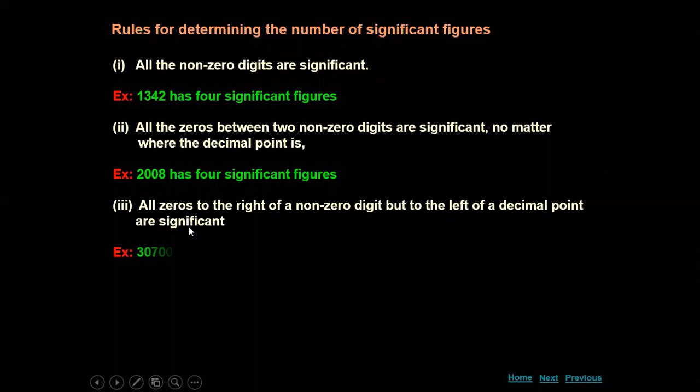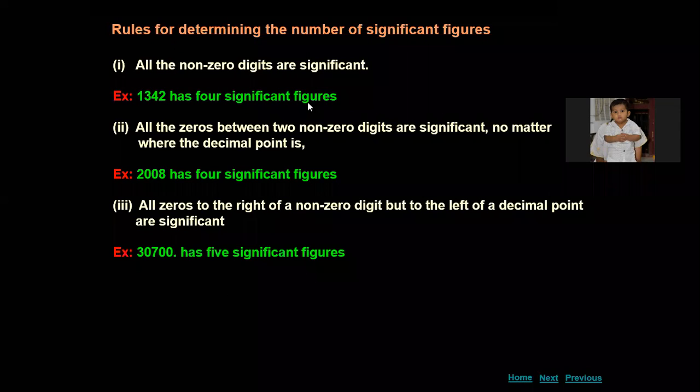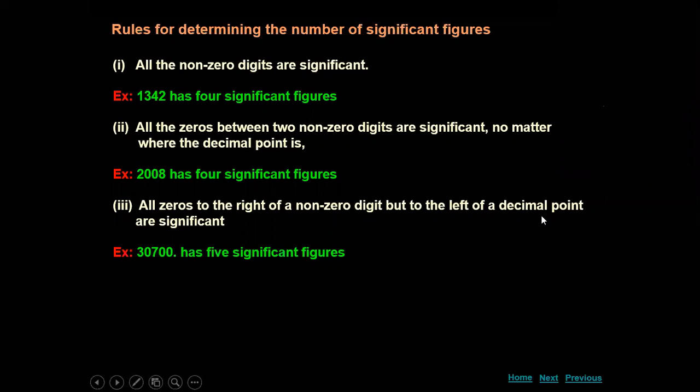You'll see that. Suppose all the zeros to the right of a non-zero digit, but to the left of a decimal point, are significant. So here this zero is left of the decimal point. This is significant.